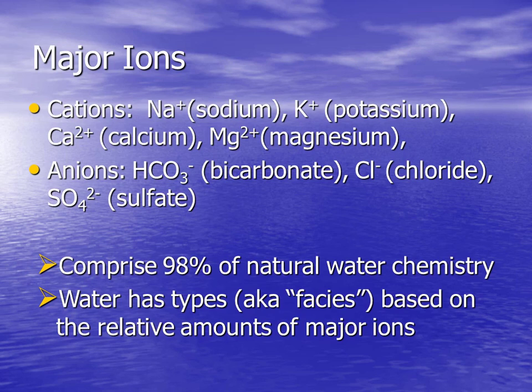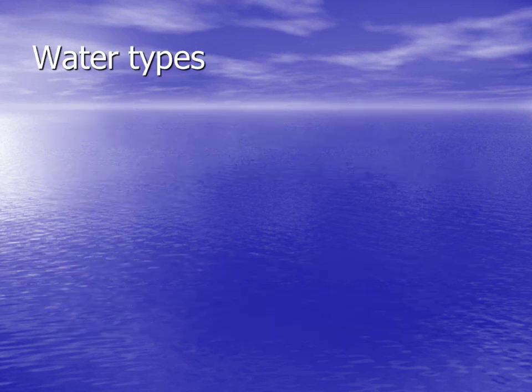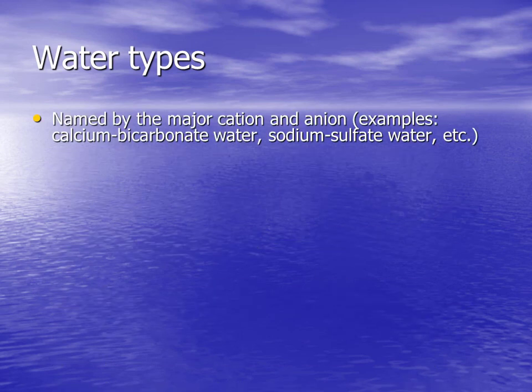And we can use that in the field to determine where different water masses are and where they're coming from. We can define different regions, and particularly in groundwater, where the water may have been sourced. A little more about the water types. They're named by the most major cation and the most major anion. For example, you could have a calcium bicarbonate water or a sodium sulfate water.